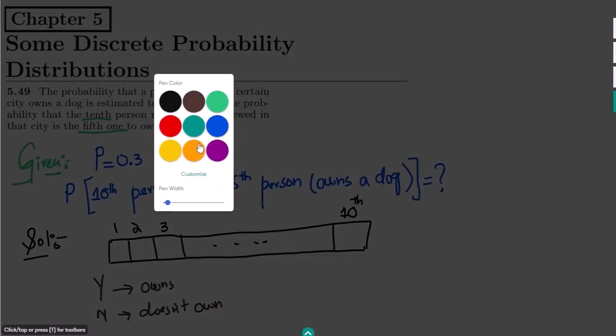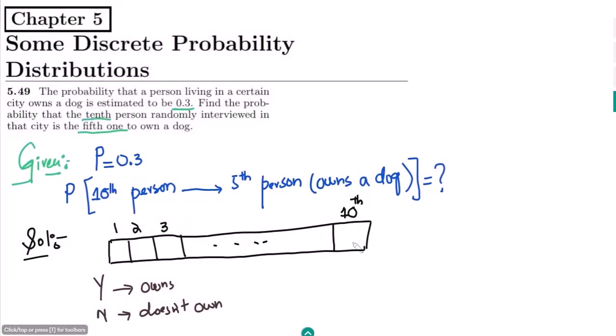Writing it here, this 10th person will be the 5th one who owns the dog, so it will be Y5. Also, previously we will have all the 4 Y's: Y1, Y2, Y3, Y4, in any order, and the 5th one will be here.